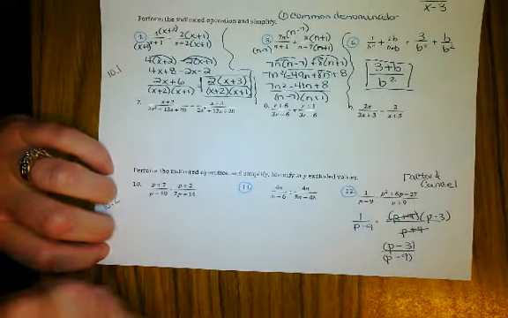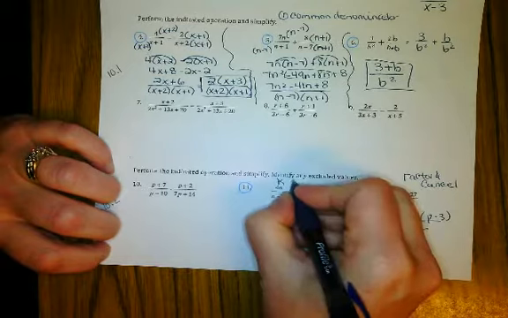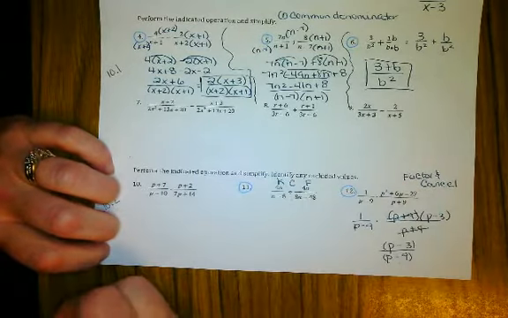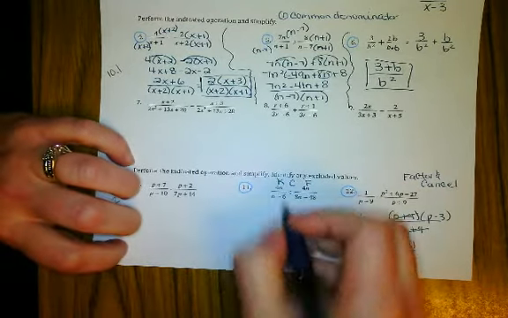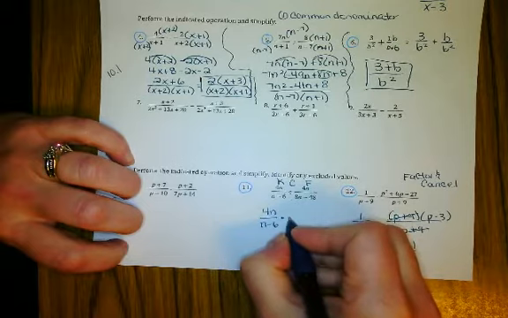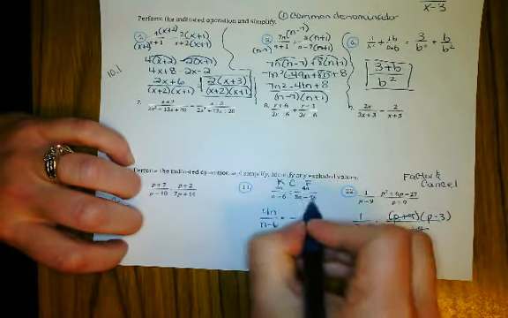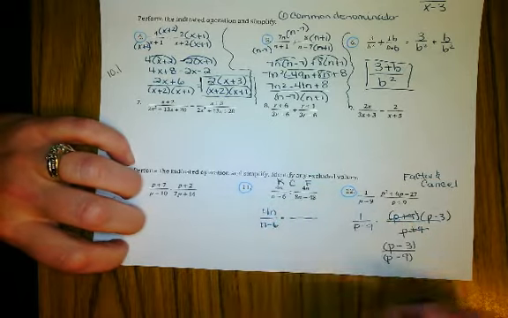Okay, so on this one, you need to remember back in probably junior high or intermediate, the keep, change, flip. So what I notice is I'm going to keep this one, and there's nothing I can factor there. I'm going to change the division to multiplying, and then I'm going to flip. Now, what I notice here, though, is I can actually factor out an 8 here.